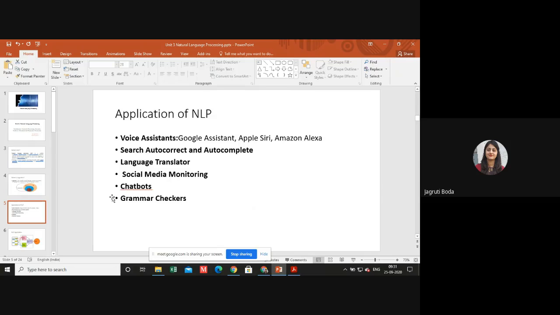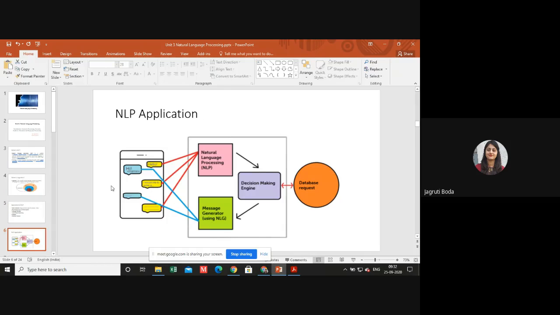Now the next is chatbot. You can see that most good websites now provide chatbots, because we provide a contact number but we are not available 24 hours, so the chatbot automatically answers customers' questions. So a chatbot is also an application of NLP. Let me explain in depth how a chatbot works.